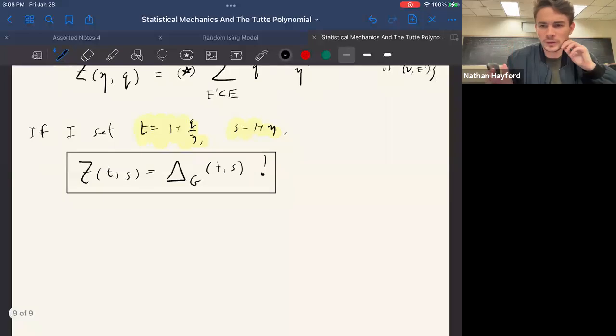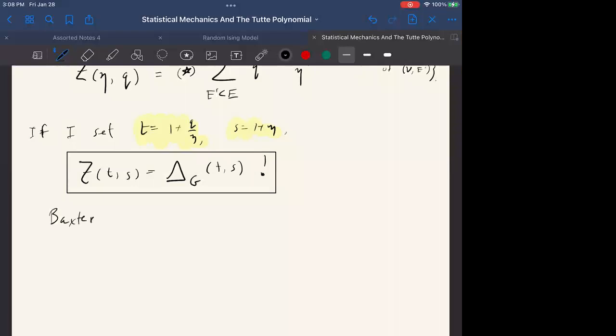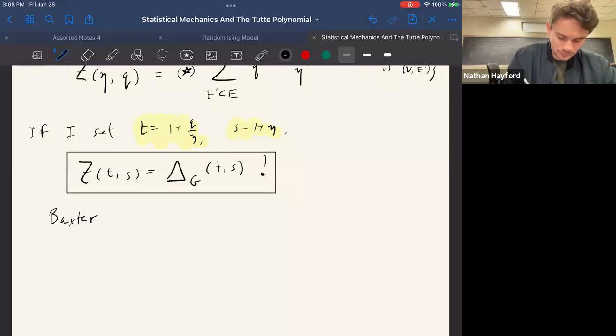For more general formulas like this, there's a very nice book by R. Baxter, called Exactly Solved Models in Statistical Mechanics.